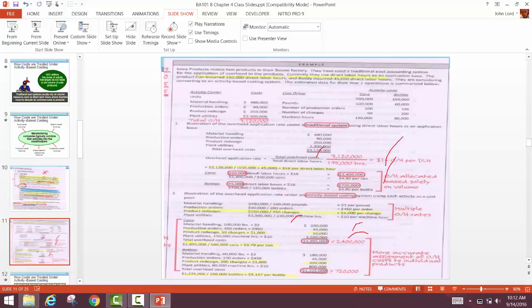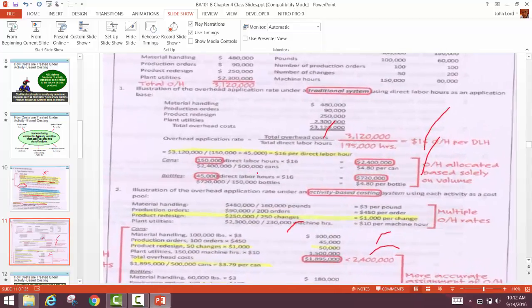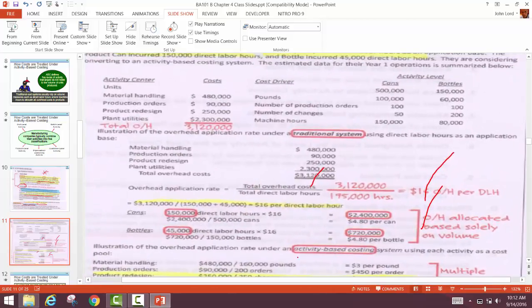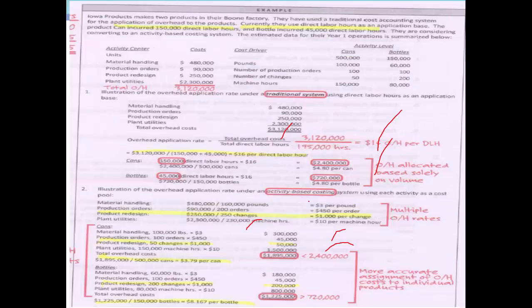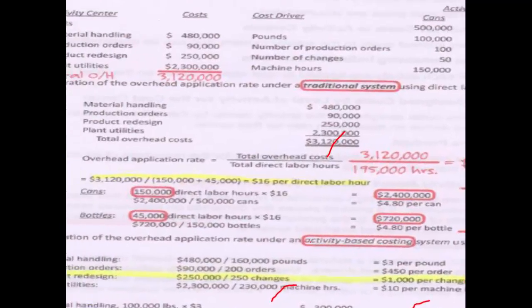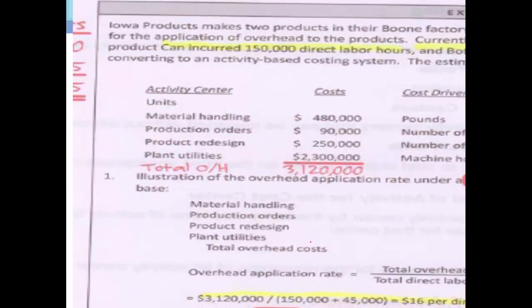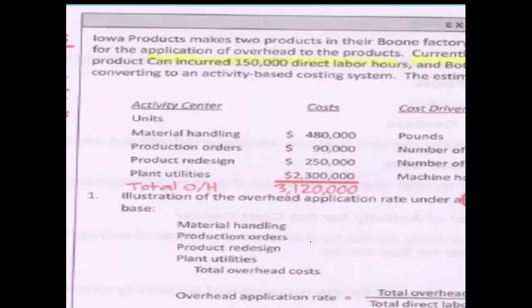Maybe it'll let me make it a little larger. Maybe if I do it this way when I'm not in slideshow. Let's try it again. Yeah, we can make it larger. We'll just have to move around the screen. Is that a little bigger? Okay.